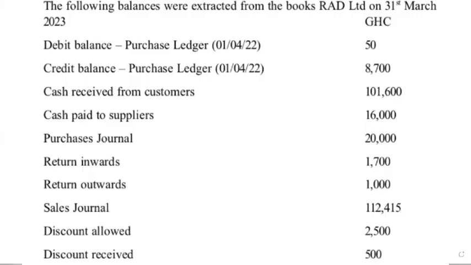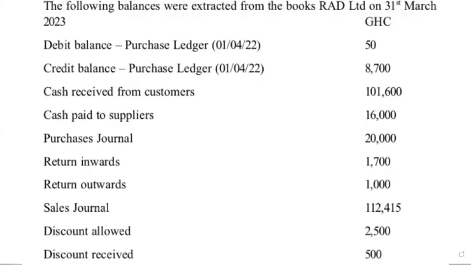Credit balance, purchases ledger, 1st April 2022 is 8,700. Cash received from customers is 101,600. Cash paid to suppliers is 16,000. Purchases journal is 20,000. Return inwards is 1,700. Return outwards is 1,000.